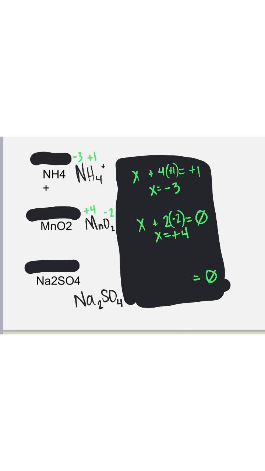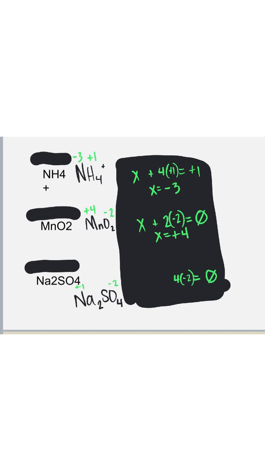Oxygen is always going to be a -2, and there's 4 of them, so 4 -2s. Sodium is in group 1, so it also has a set rule of +1. Oh, I have +1, but I have 2 of them.